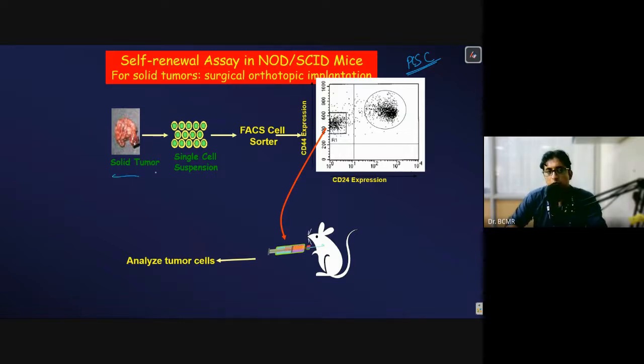You would take the tumor, make a single cell suspension, use a FACS cell sorter with antibodies against different things that we have discussed, maybe CD44 and several other types, and then test them in SCID mice to find if they have the ability for three things. The first is tumorigenicity. The second is self-renewal. And the third is differentiation, heterogeneity.